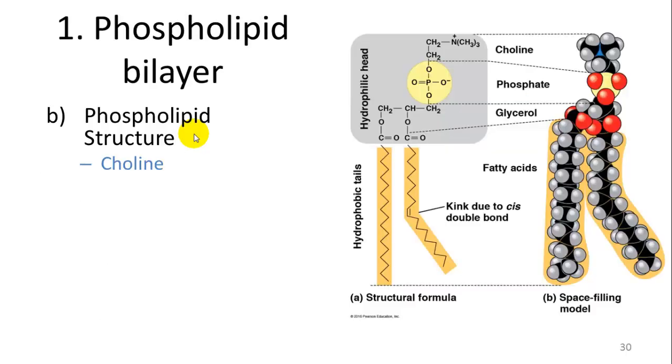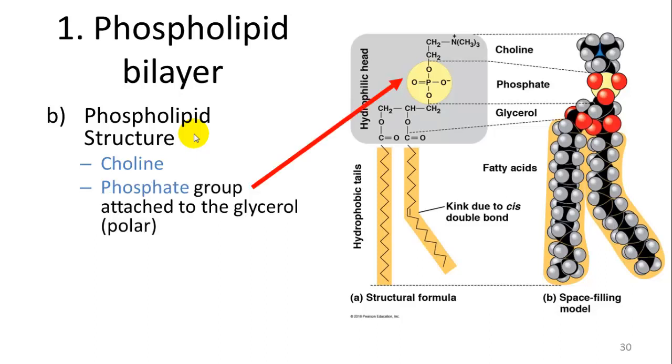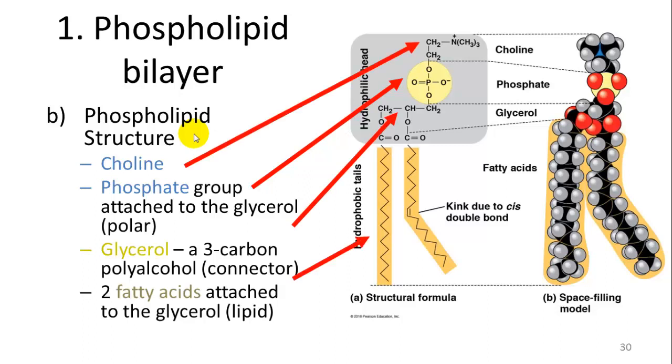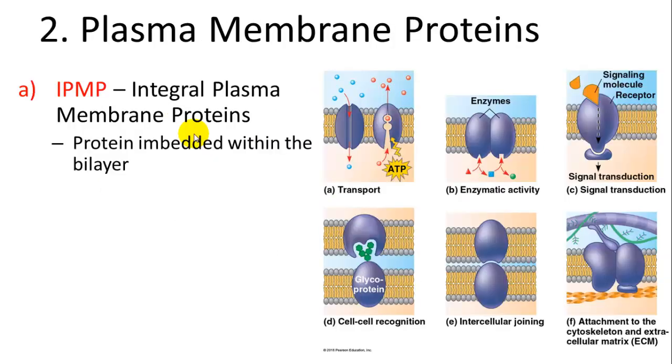We went over the structure, so I'm just going to briefly go over this. You have the choline, which is the top part, the phosphate group, the glycerol, and the two fatty acids attached. Those are the components of a phospholipid.